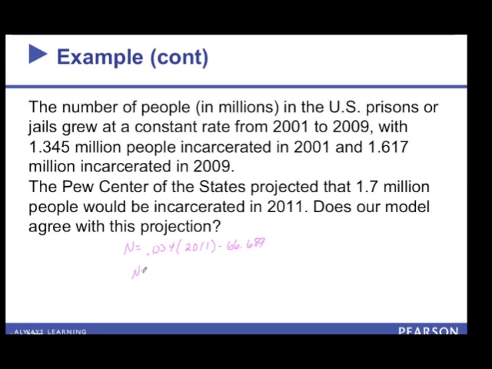Doing the calculations, n equals 68.374 minus 66.689, or n equals 1.685, and of course this is in millions, and that would round to 1.7. Agree with the projection? Yes, it does.